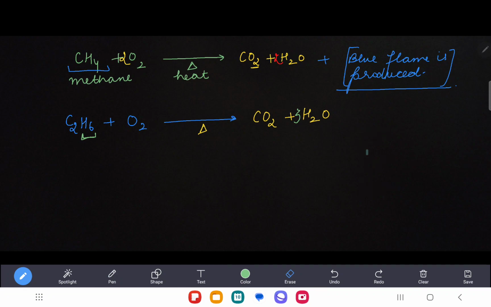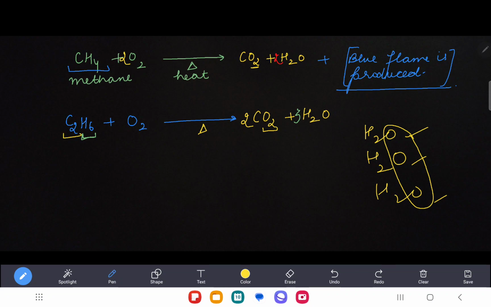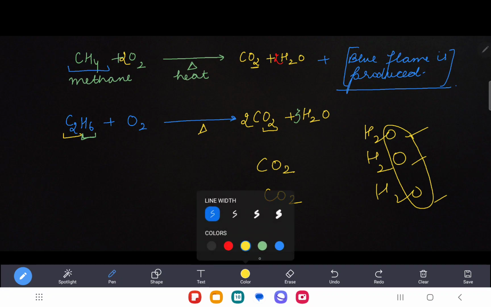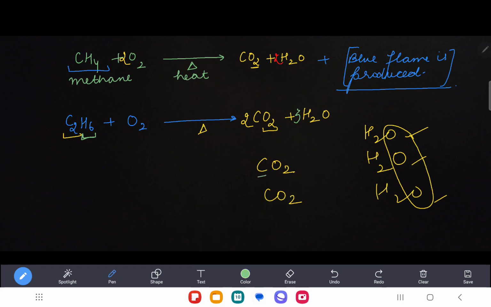And from here, oxygens would be how much? If you're taking 3 molecules, H2O, H2O, H2O, so 3 atoms of oxygen would be there. And 2 atoms of oxygen are coming from CO2. So let me put 2 here because there are 2 carbons here. So that means I have taken 2 molecules of carbon dioxide: 2 atoms of carbon and 4 atoms of oxygen.